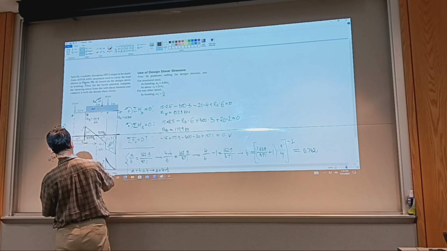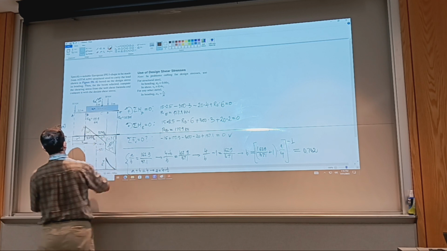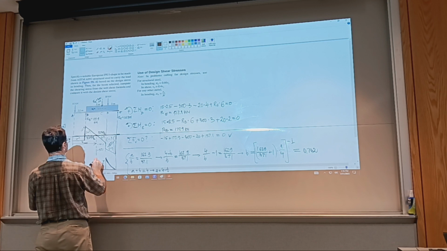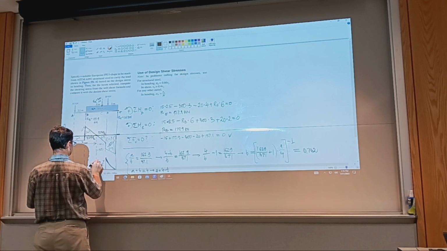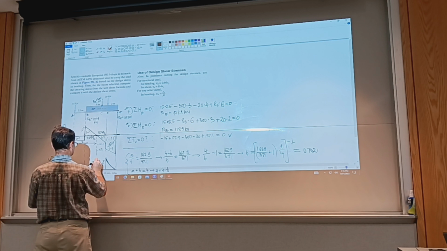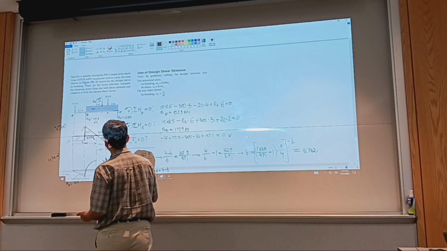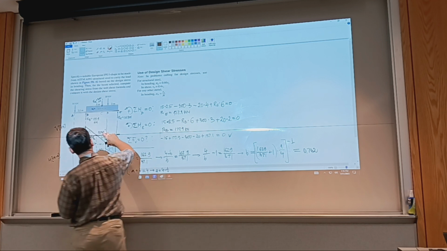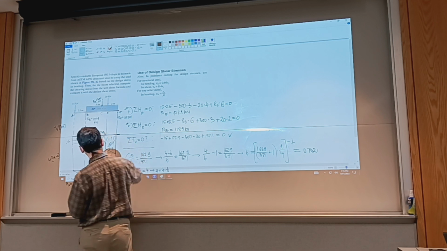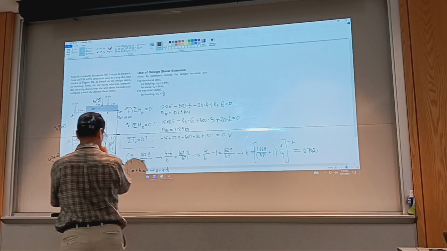It starts with a positive slope, 162.9, and goes to a zero slope. So it goes like this. Okay, and then it continues, and I'll be at 127.